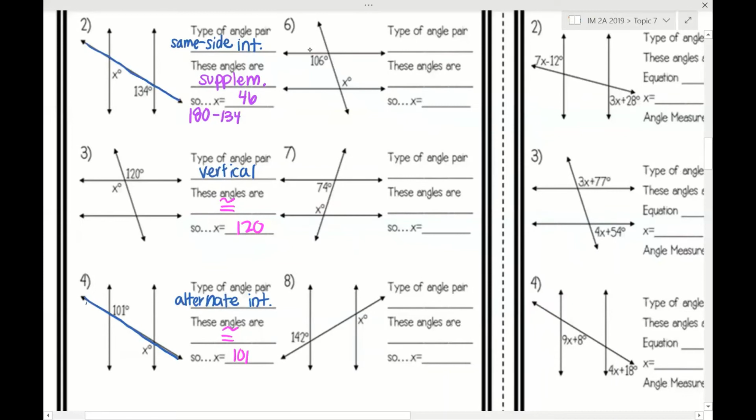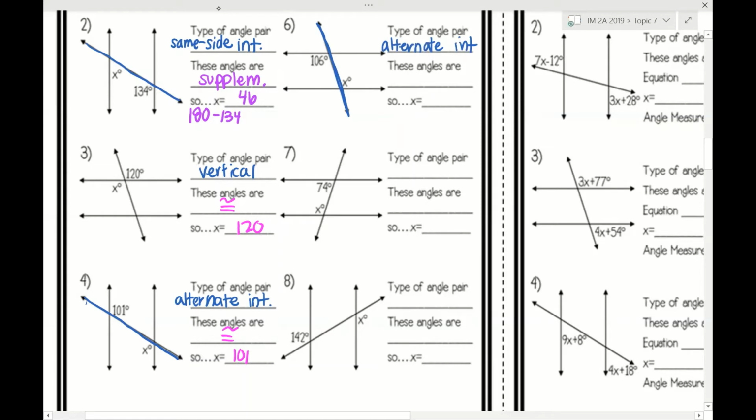If we're looking at the angles in problem 6, again, we're first checking inside or outside the parallel lines. So looking at the parallel lines, these are interior angles. And if I compare next to the transversal, these angles are on opposite sides of the transversal. So that means that these are alternate interior angles.